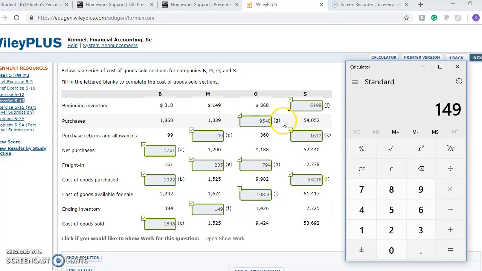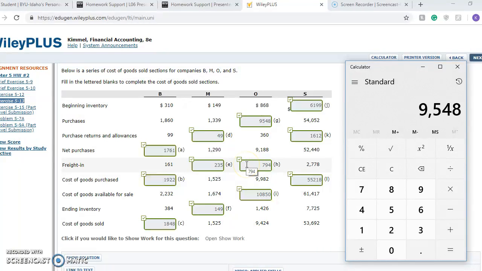So pretty simple to go, and we'll just follow that same pattern through the remaining problems in this particular example. For purchases, we know that purchases less purchase returns and allowances equals our net purchases. So if we take our net purchases and add 360 for purchase returns and allowances, we're going to get 9,548 for our purchases.